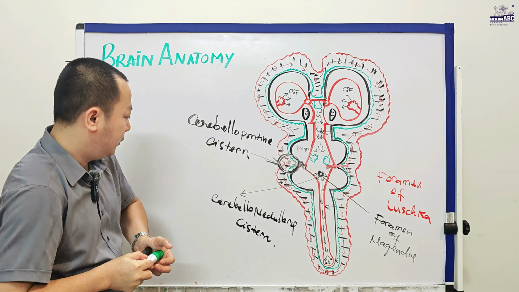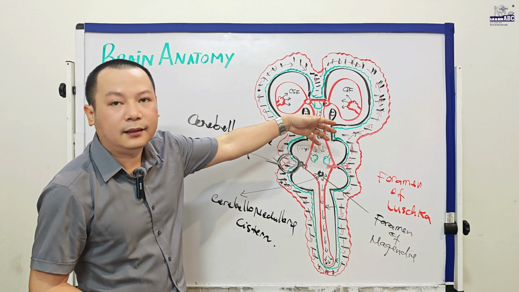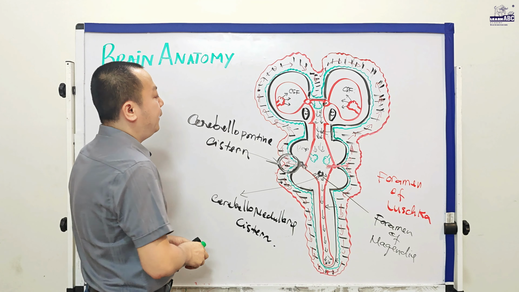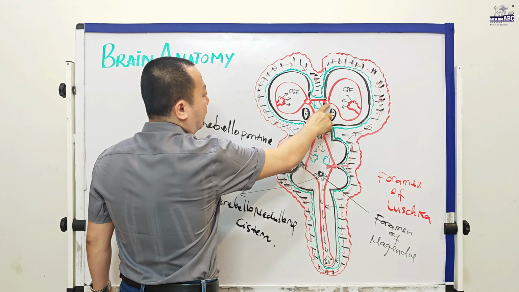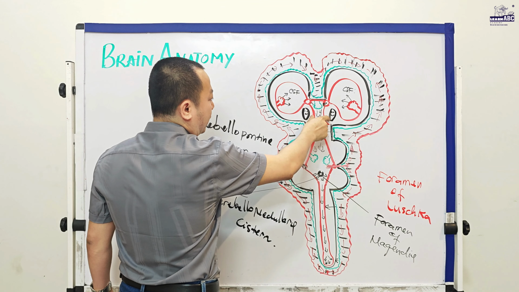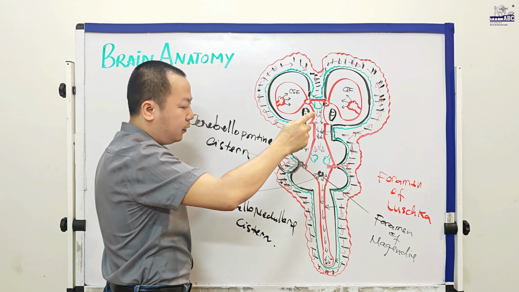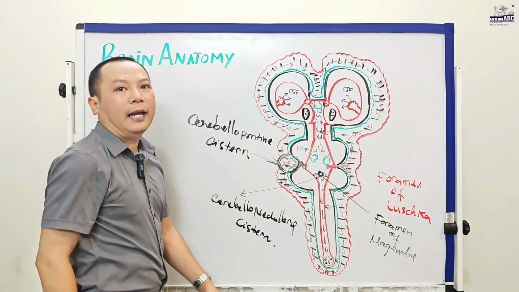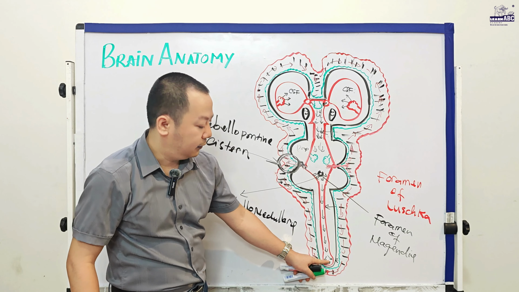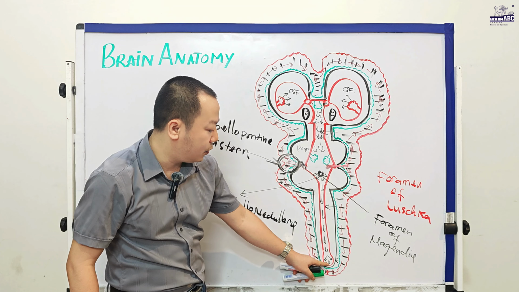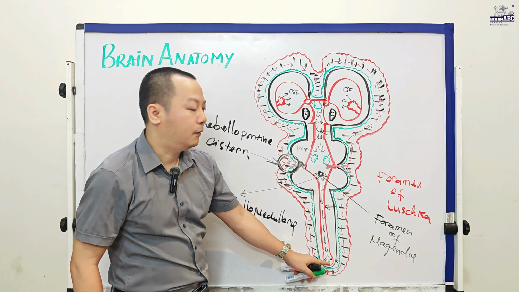Okay, now you see again. Let's quickly brief it. You already know the CSF will go to the foramen of Monroe, go to the third ventricle, go to the fourth ventricle, and go to the central canal, and it will stop at the terminal ventricle here.